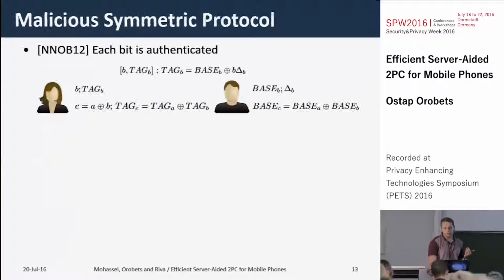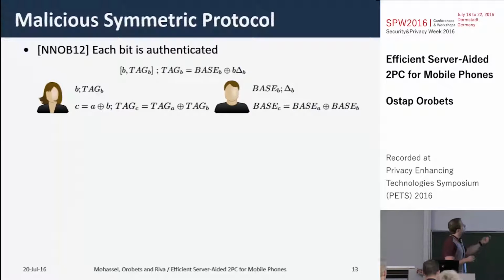So how can we verify whether the output bits that the parties computed by the end of each gate are correct? Typically it can be done by zero-knowledge proofs, but in 2012 the paper by Jesper Buus Nielsen revealed a new scheme for efficient bit verification. Basically, we have a MAC scheme where every bit comes with a tag.